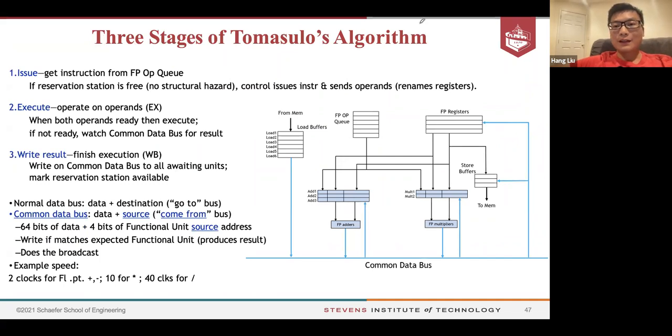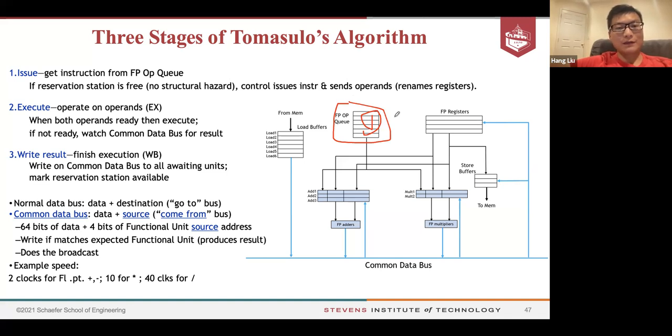The 3 stages of Tomasulo's algorithm are issue, execute, and write results. Issue: get an instruction from the FP operation queue.